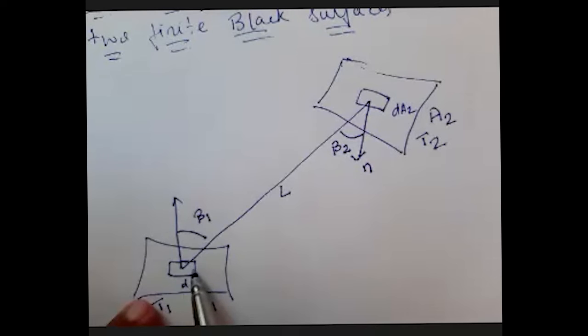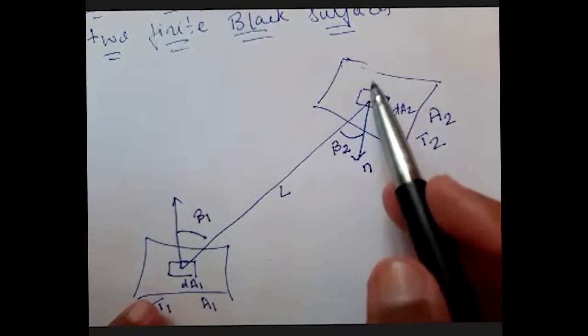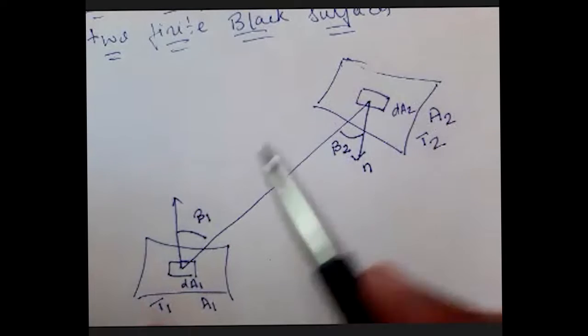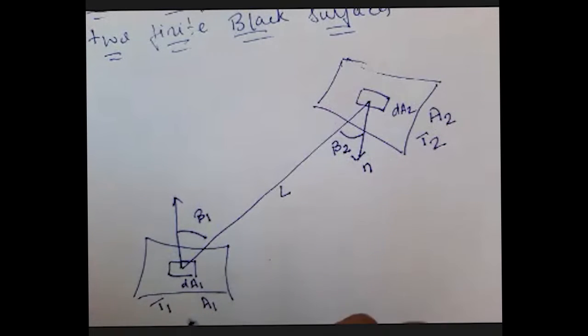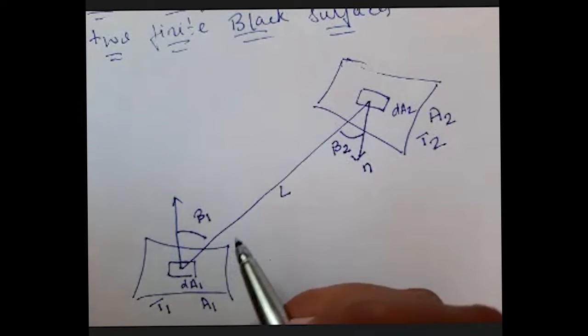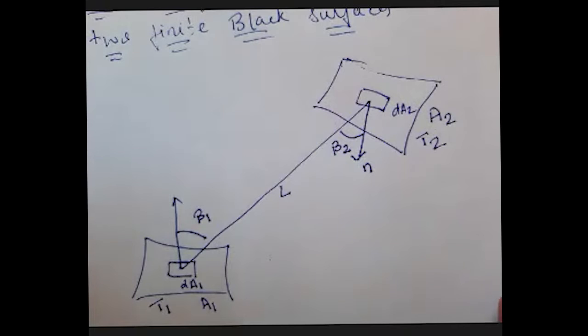Instead of a small element dA1 and dA2, we have a large element of a black surface, and we call it a finite black surface.